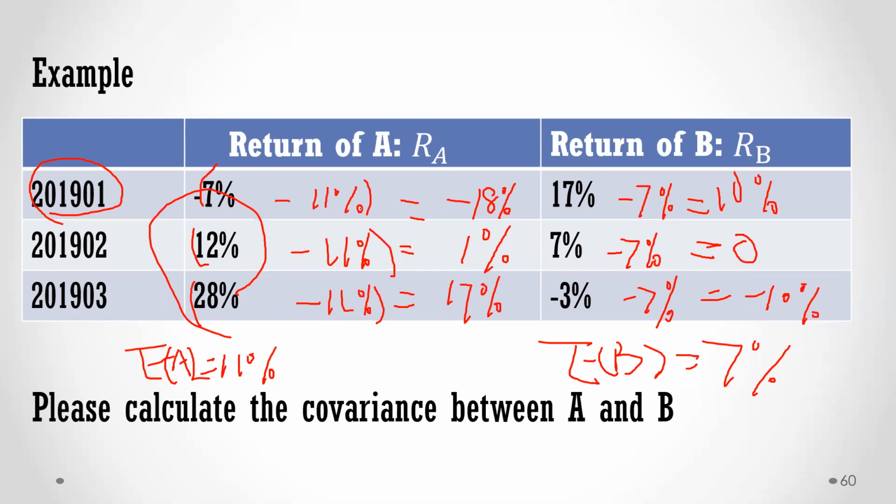So the product of the deviation in January should be negative because they move in different directions. For February, the product is 0. Similarly for March, the product is again negative because A outperformed its average, but B underperformed. So we have already calculated the product of the deviation for each month.